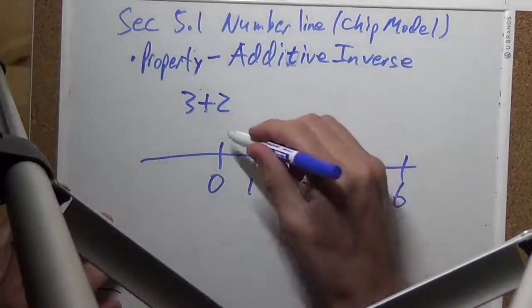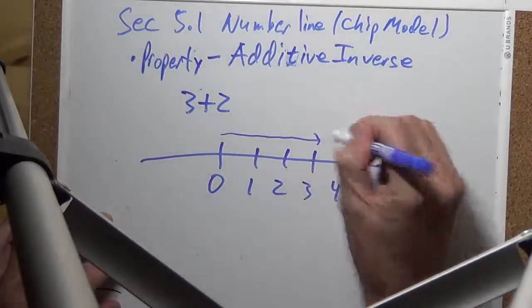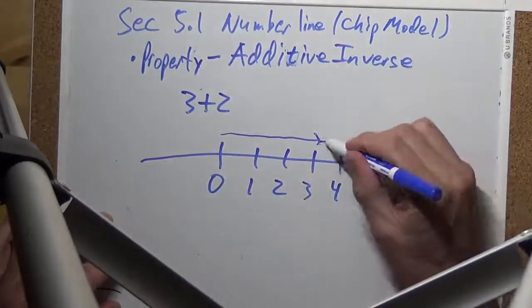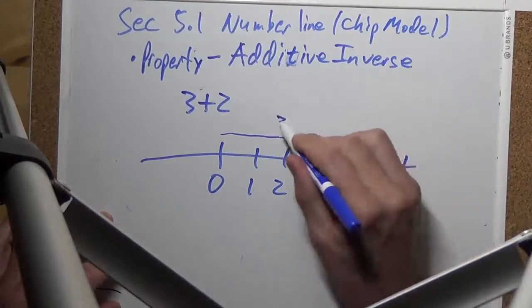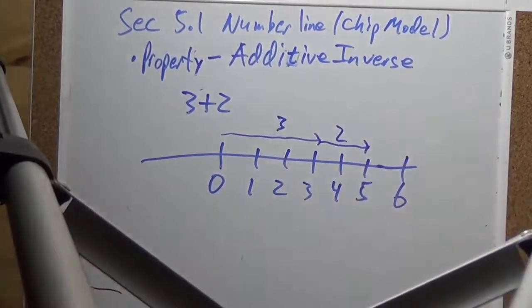You may have started here and drawn an arrow to 3, and then you add 2 more to that, then magically you have 5. Well, I'm going to do the same thing with our chip model, which is kind of built on direct modeling where you're putting stuff together.